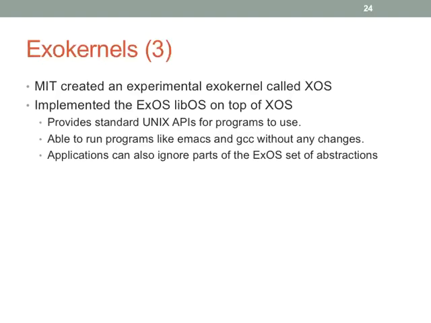So that basically, again, allowed them to start running existing applications like Emacs and GCC and other simple applications that are written against the Unix API. So those things could continue to run on top of XOS. But then applications could also ignore that libOS if they wanted to.